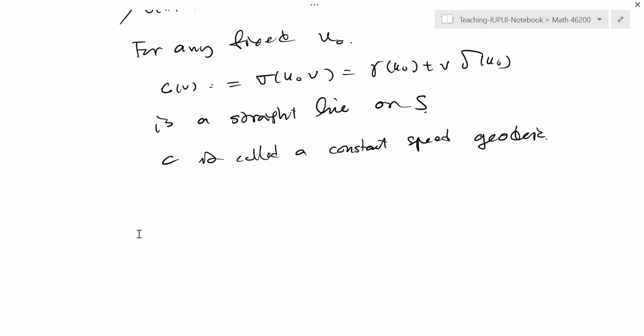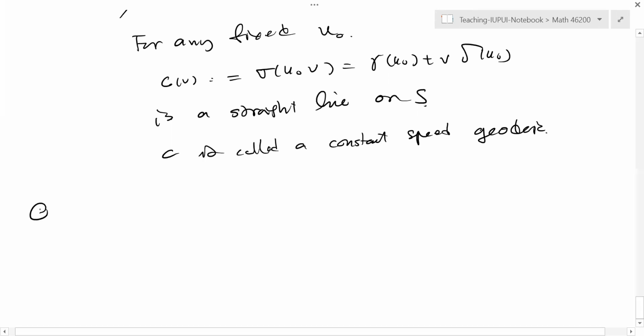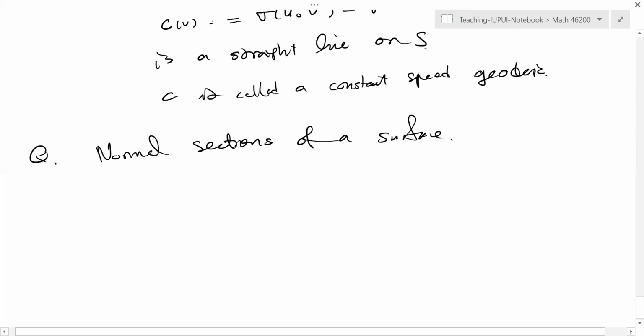Okay. Another problem here, let's look at the example. Consider normal sections of a surface. What is a normal section?